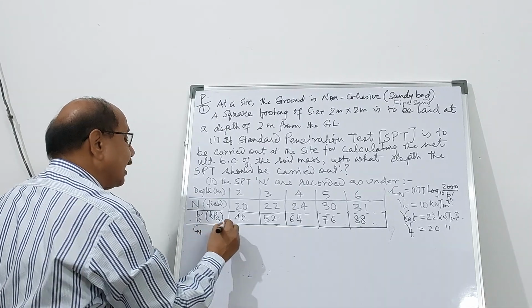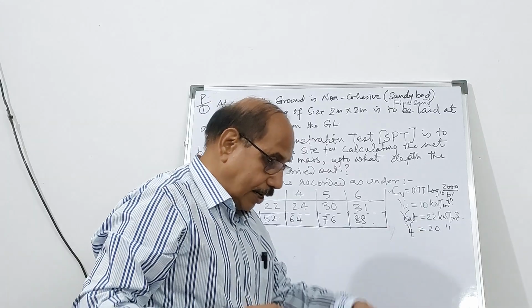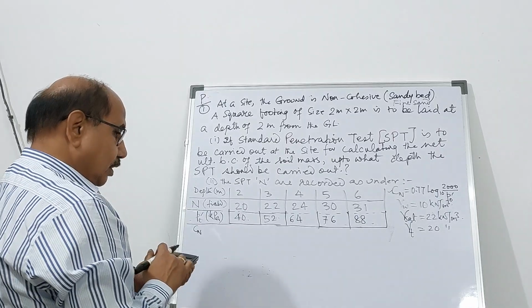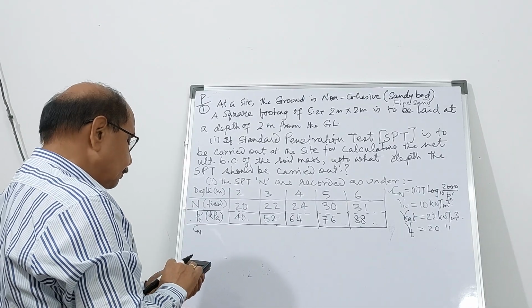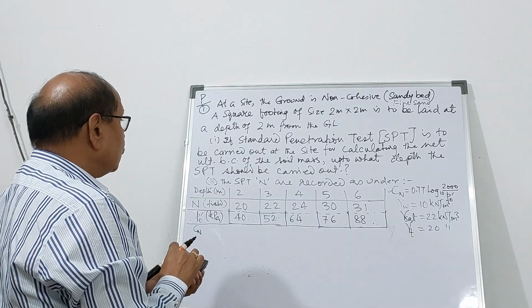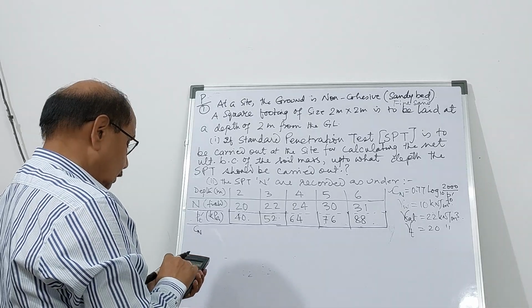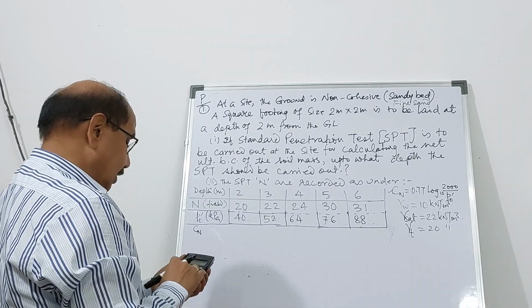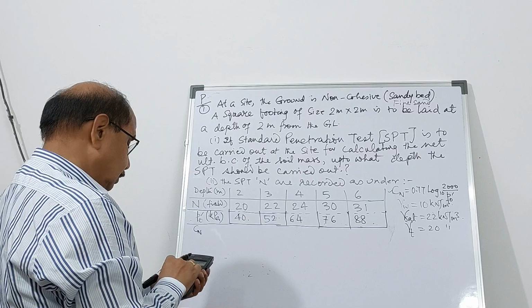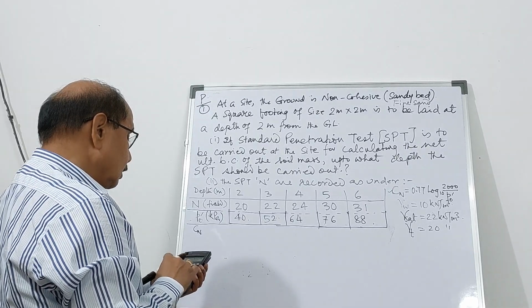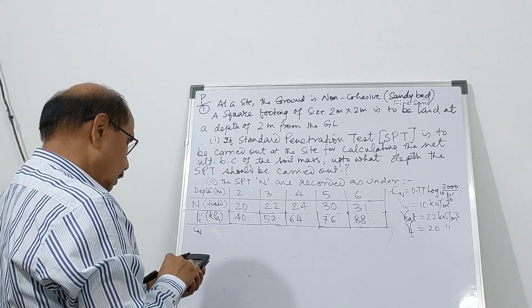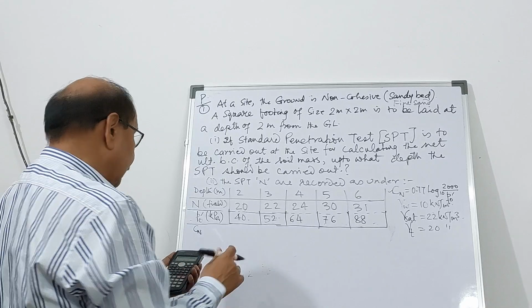So correction factor Cn is going to be 0.77 multiplied by log of 2000 divided by 40, we get 1.30.